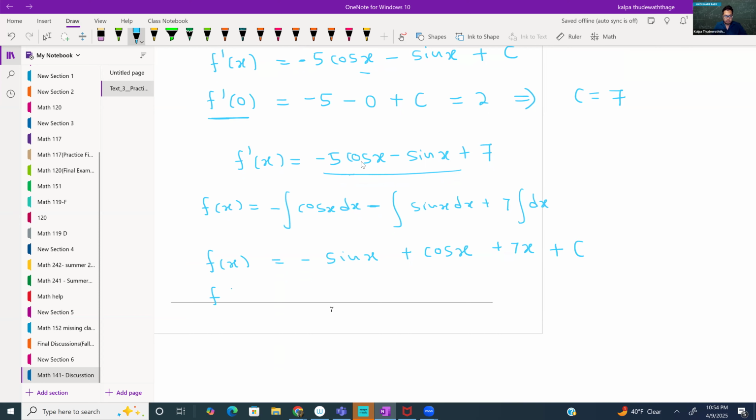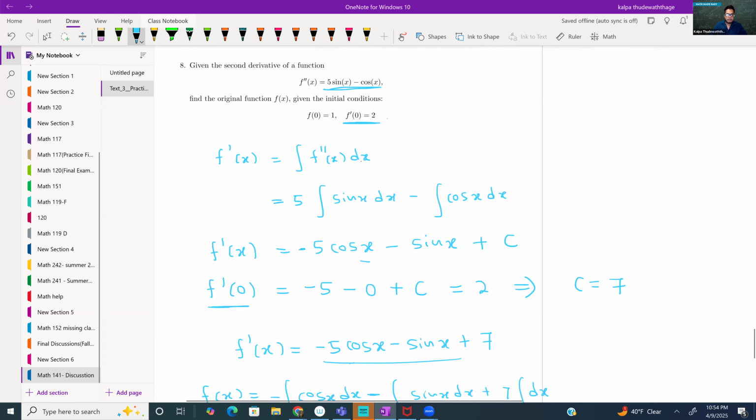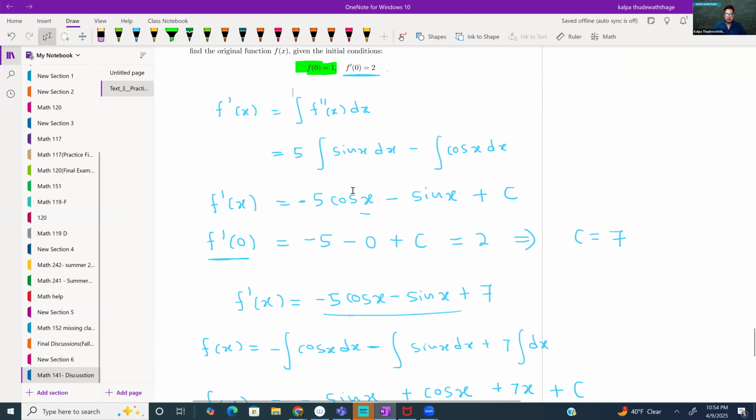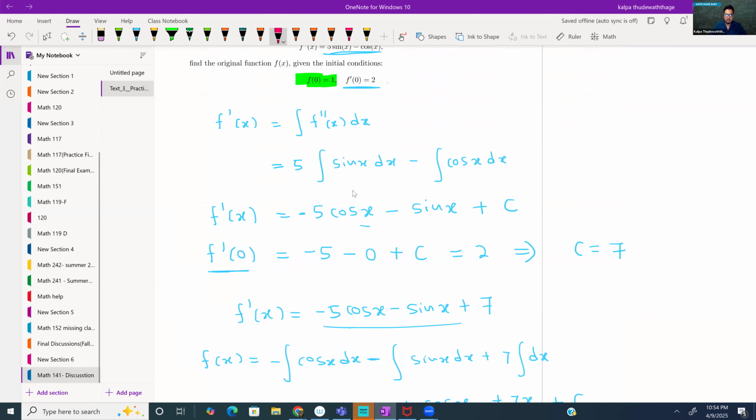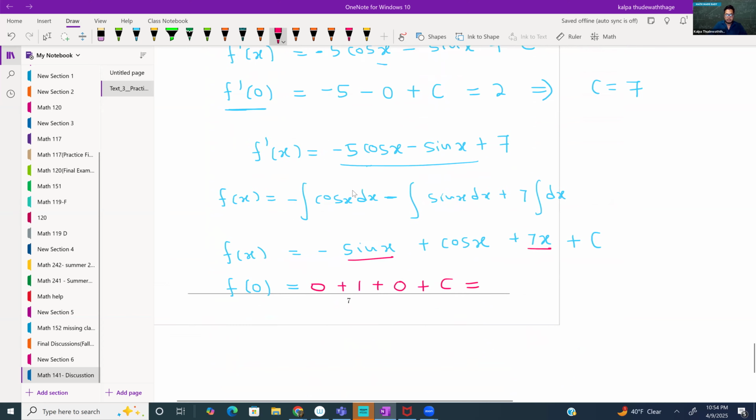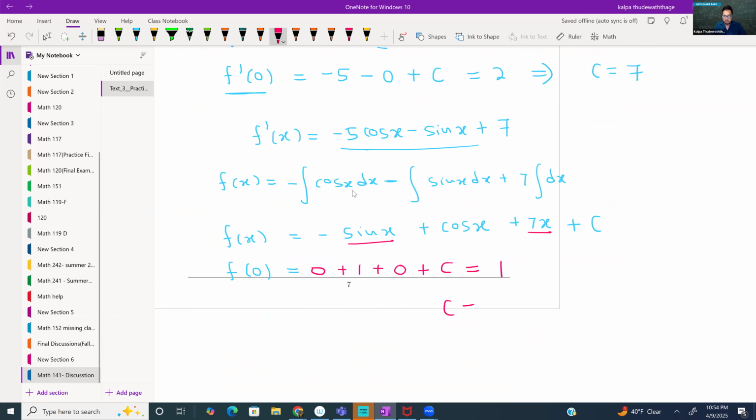Then you use the initial condition given here and plug 0 in for x. You will get 0 here because sine 0 is 0 and cosine 0 is 1. If you plug 0 here, it's again gone, and you have c. But the f of 0 value is 1, so c is 0.